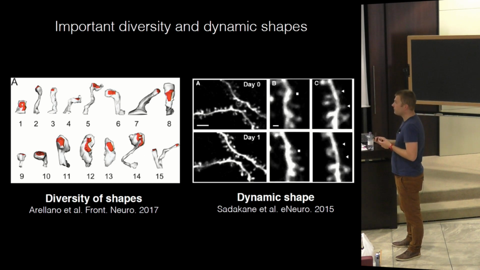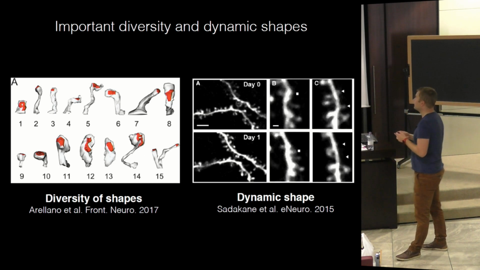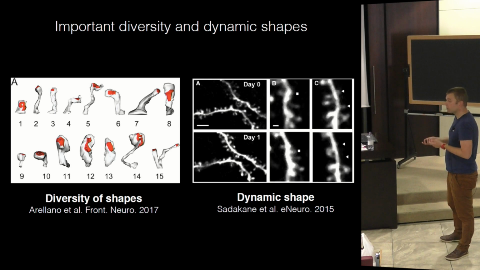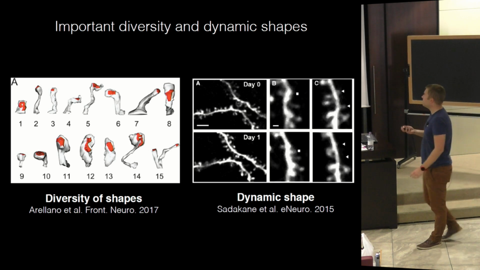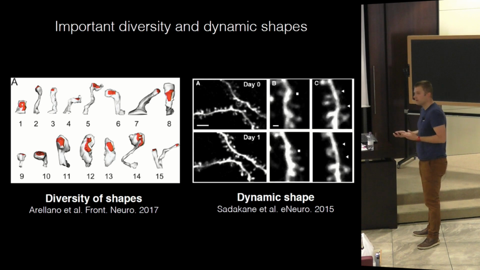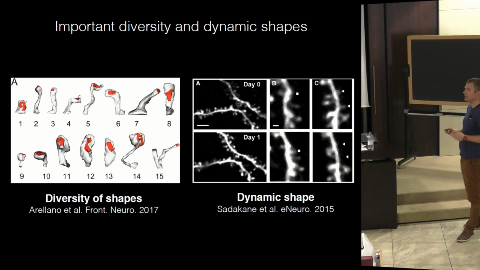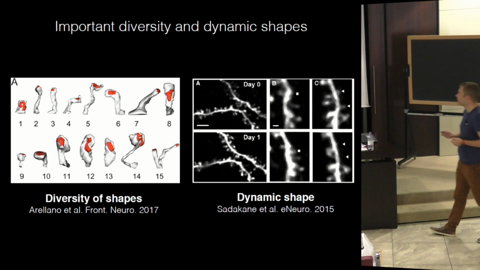People made the hypothesis that the shape might encode memory, in the sense that depending on the activity that the dendritic spine has received, it might adapt its shape to be more or less efficient, efficient in the sense that it can more or less transmit the arriving information.